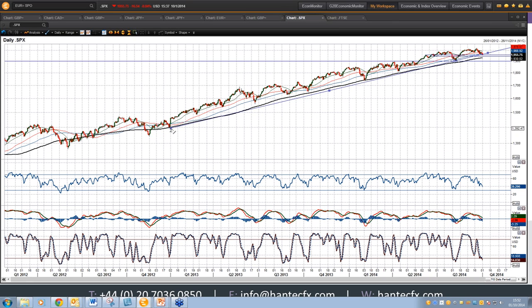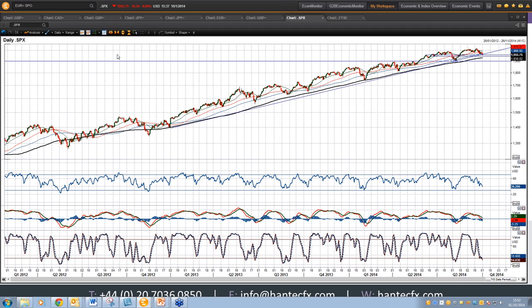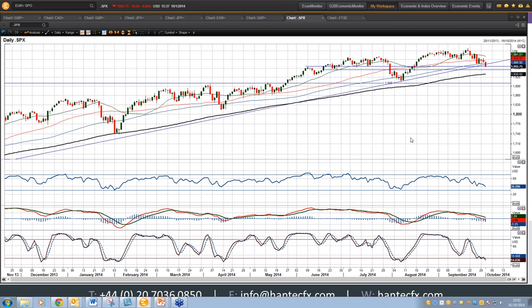Oh wow, I think it might be because I'm on log. Anyway, I apologise for that. But there is an uptrend on the S&P 500. Okay, fine, that's odd, because there is a big uptrend on the S&P 500. Anyway, that seems to be under a little bit of pressure.